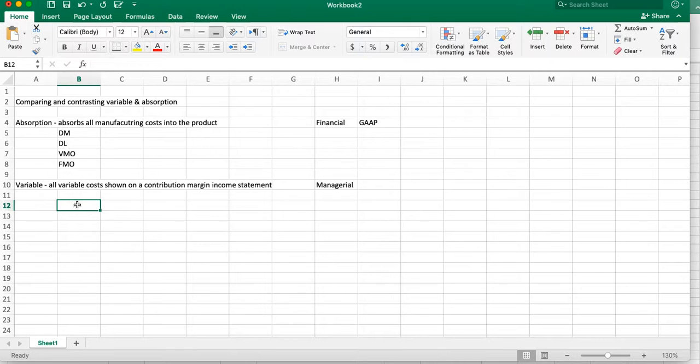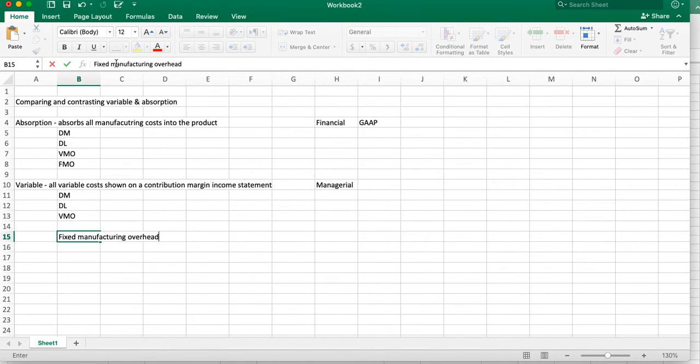In comparing, you've got direct materials, direct labor, and variable manufacturing overhead. In a variable income statement, fixed manufacturing overhead is considered a period expense, not a product cost.